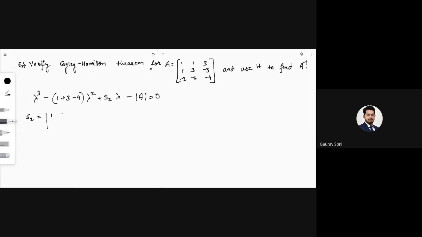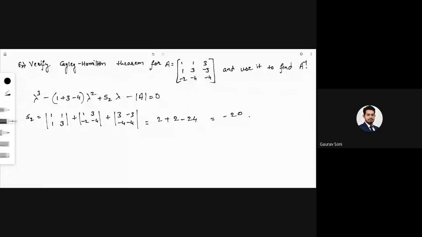S2 is the minor sum: (1·3 − 1·1) plus (1·(−4) − 3·(−2)) plus (3·(−4) − (−3)(−4)). That will be equal to 2 plus 2 minus 24, which is equal to minus 20.